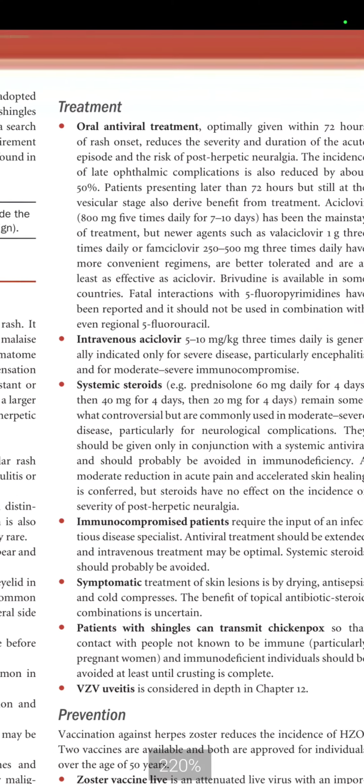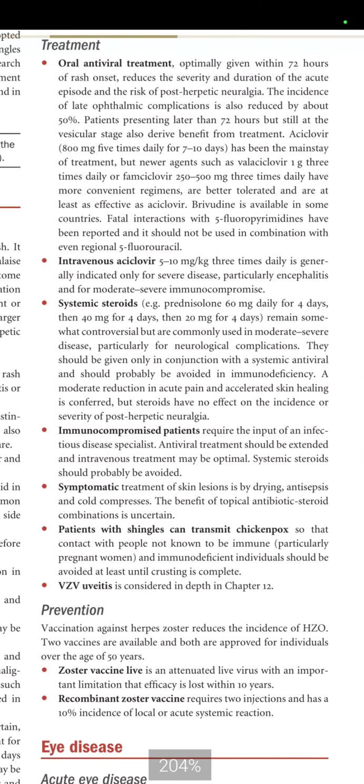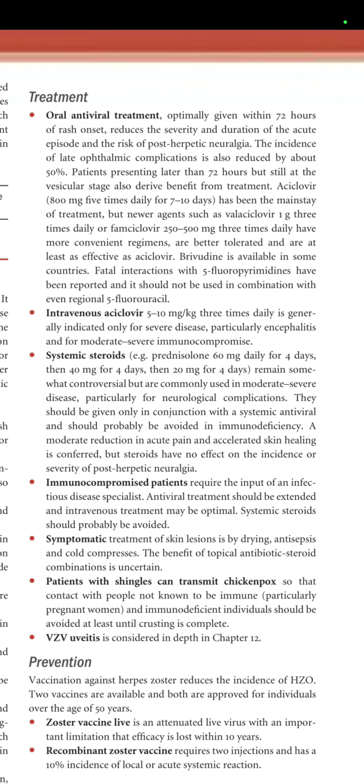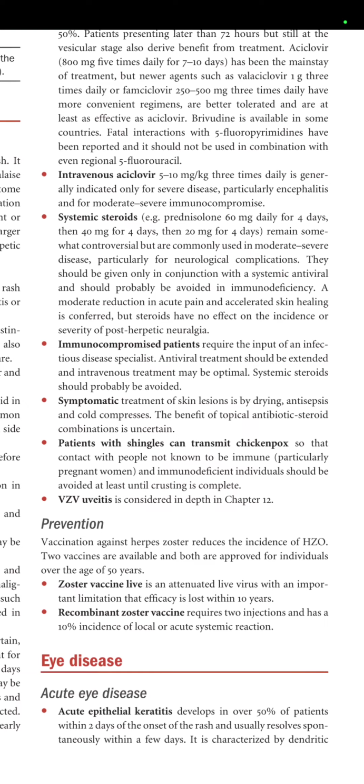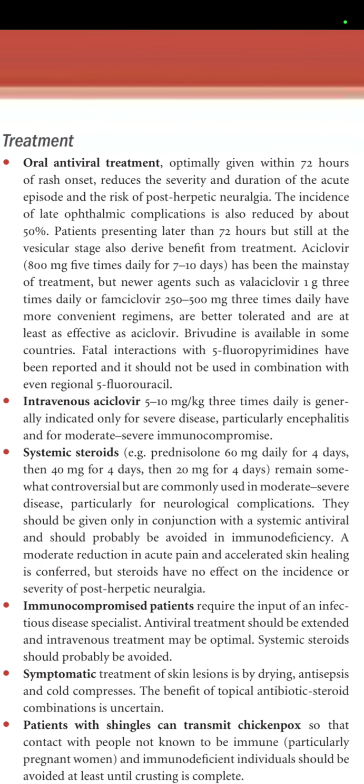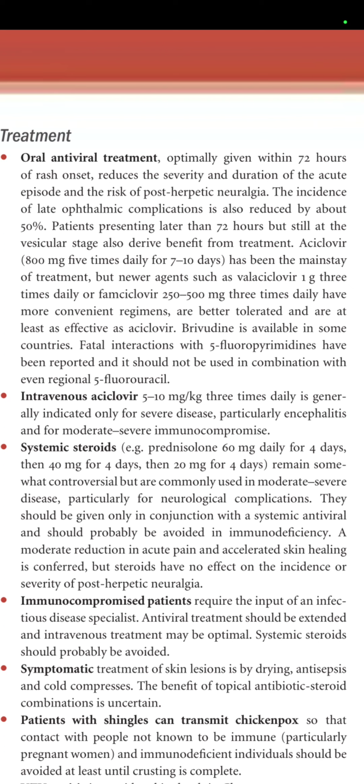Now, what treatment do we give in herpes zoster, in acute shingles, meaning when it is affecting the skin? Oral antiviral treatment optimally given within 72 hours of rash onset reduces the severity and duration of the acute episode and the risk of post-herpetic neuralgia.